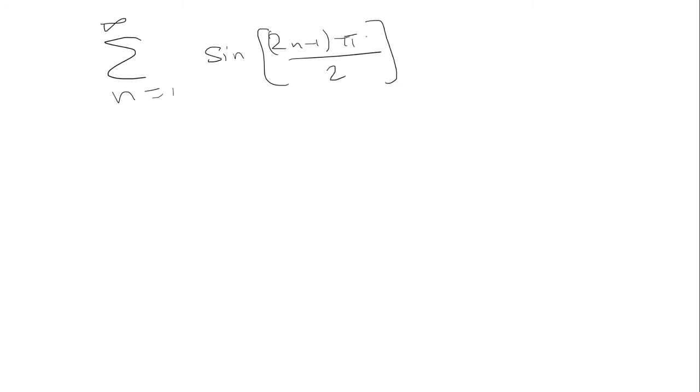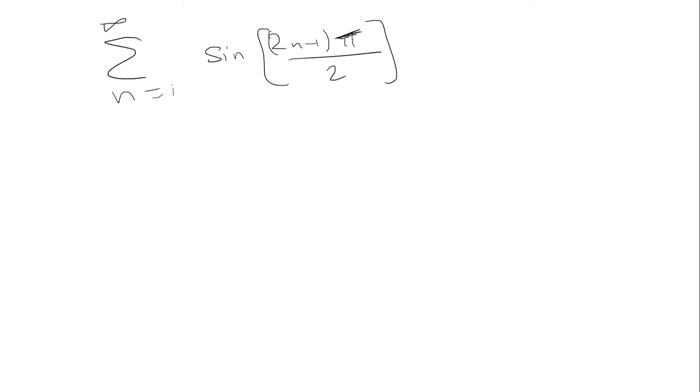Now I have the sum from n equals 1 to infinity, sine of (2n minus 1) times pi over 2. This is also another strange one. Well, at first inspection, it doesn't seem like it's alternating.